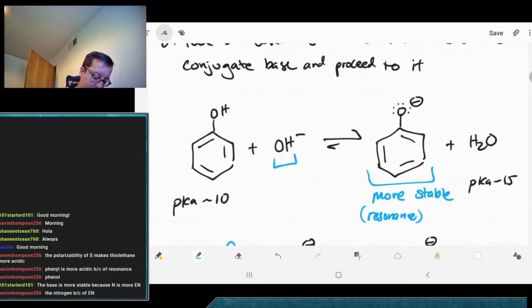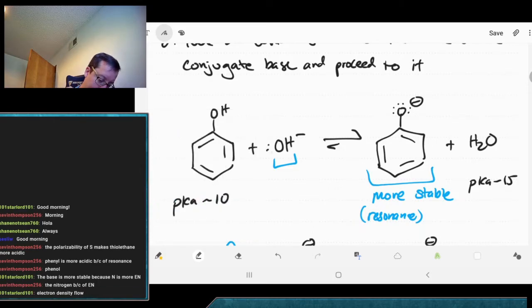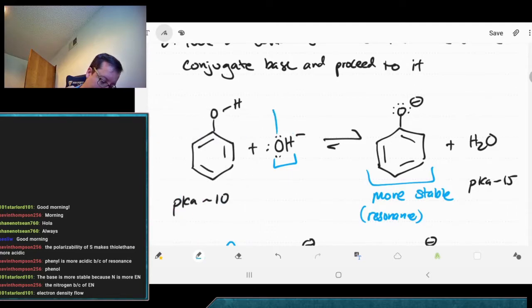In here, we've got the same idea. The lone pair is going to go grab a proton. The electrons from that bond, exactly how the electrons are flowing, and now we're going to end up with an extra lone pair on our oxygen.